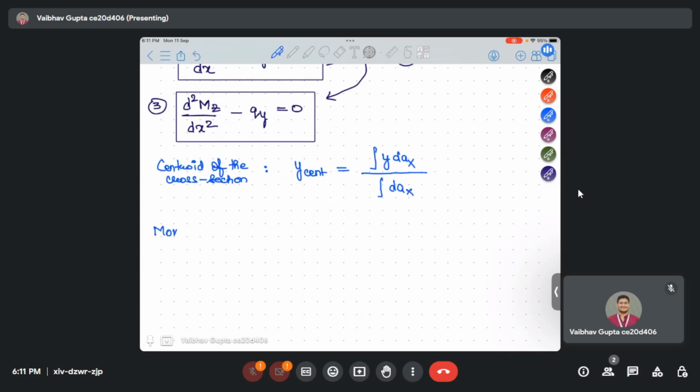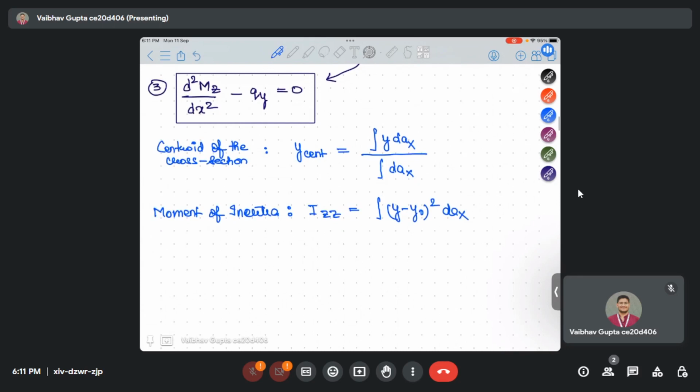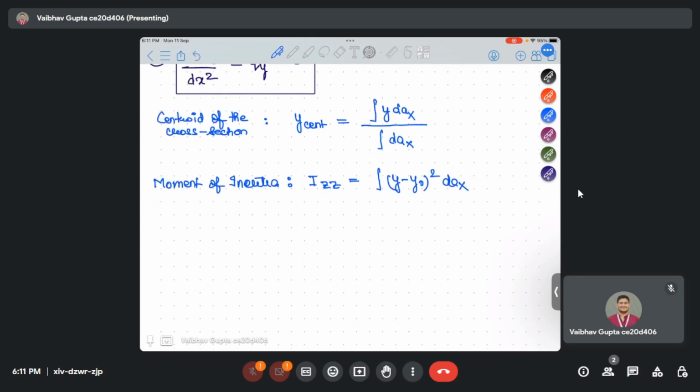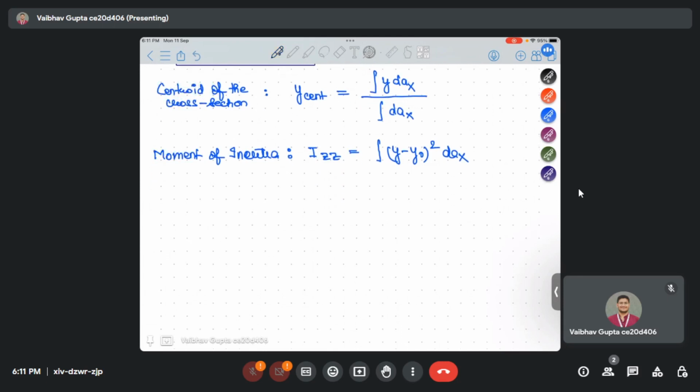And moment of inertia Izz is nothing but the integration of (y minus y naught) whole square dAx. This is how we calculate the centroid of the cross section and moment of inertia. Then we see the important thing which is known as the beam bending equation.